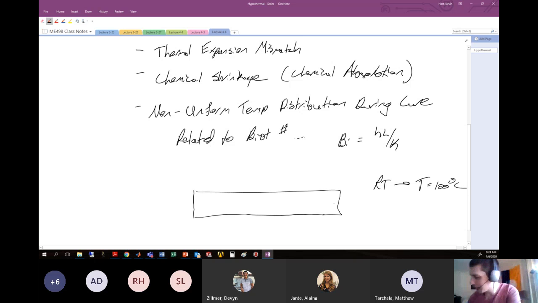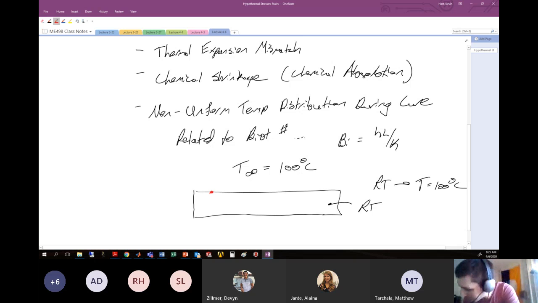Okay, so this piece starts at room temperature, and then all of a sudden your outer temperature, which is T infinity, is 100 degrees C. Well, if that's the condition, immediately when you plunge this composite into an environment that's 100 degrees C, all the surface on that piece is going to reach that temperature.